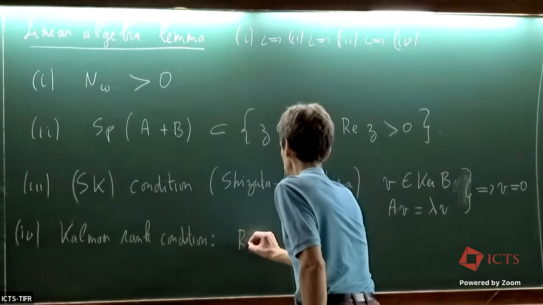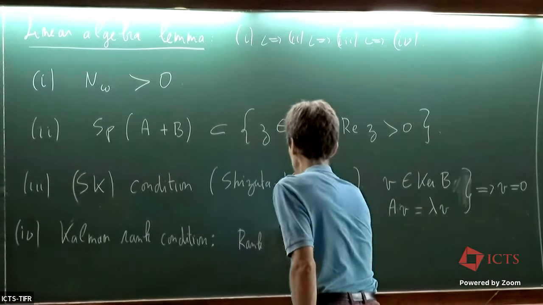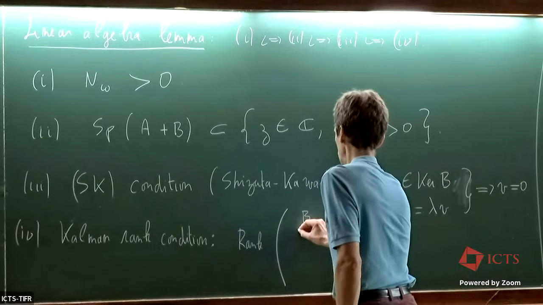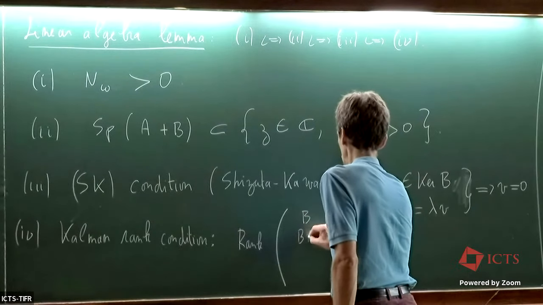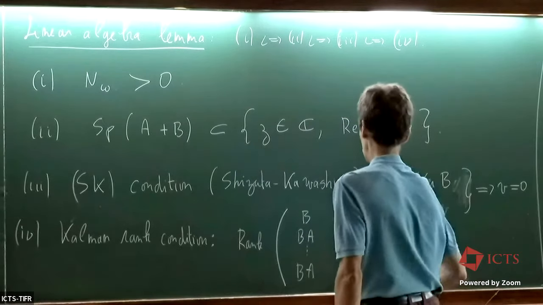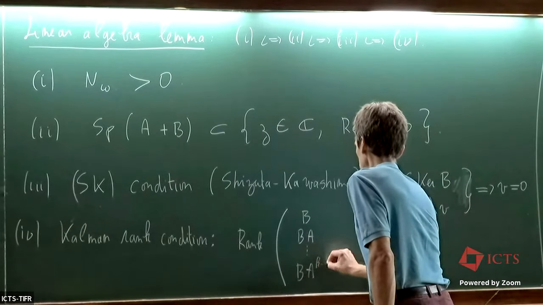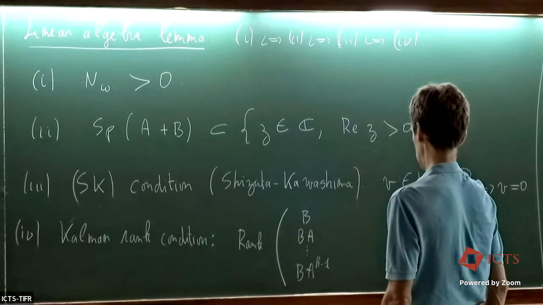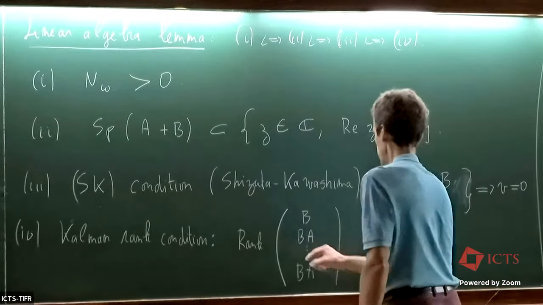It says that if you look at this huge matrix, you start with B, then BA, and so on until BA^(k-1), then this rank is equal to n.